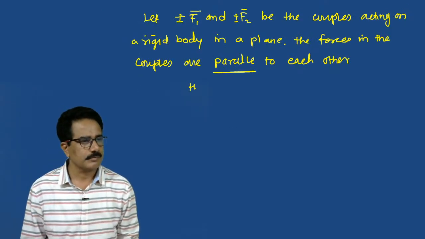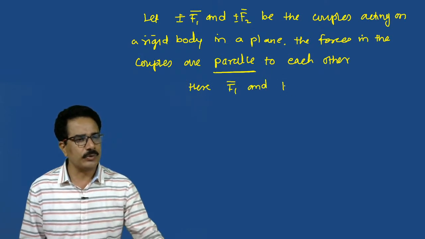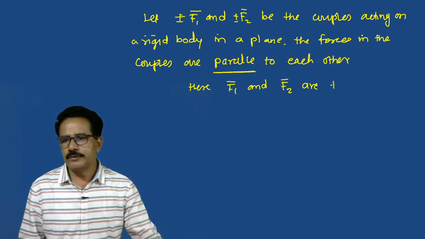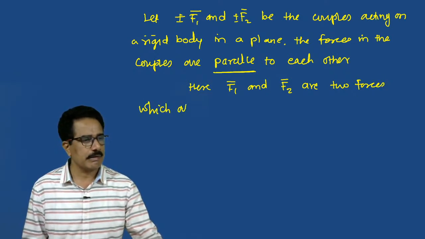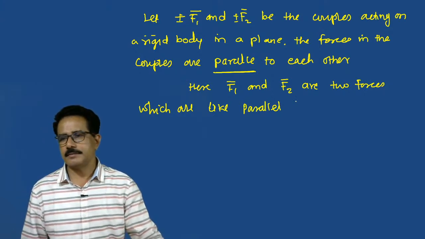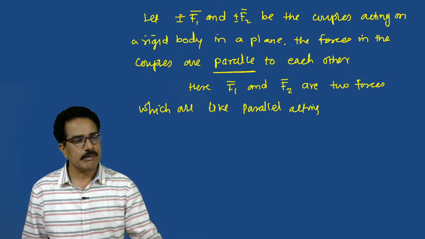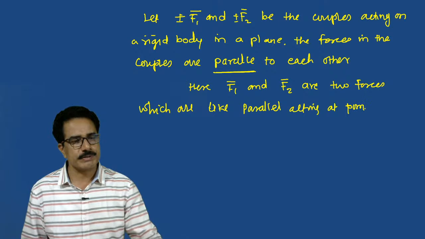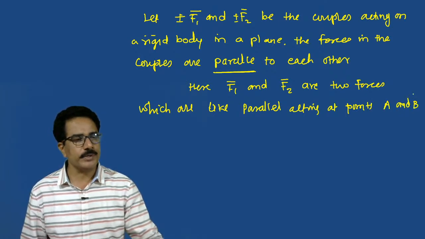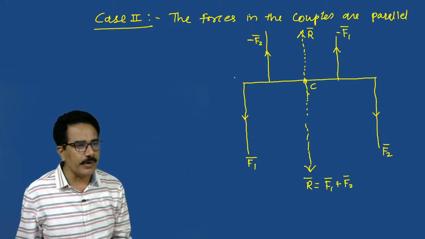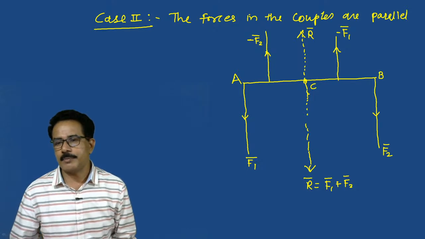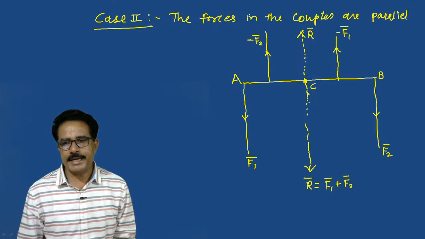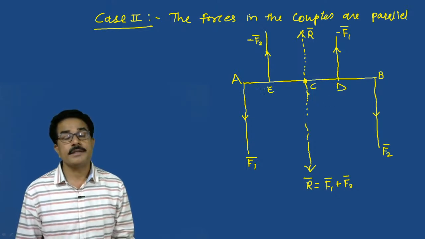Here F1 bar and F2 bar are two forces which are like parallel, acting at points A and B. See, F1 is acting at a point A, F2 is acting at a point B. The resultant acts at a point, suppose C. F1 is again D, E. Okay, put these names.